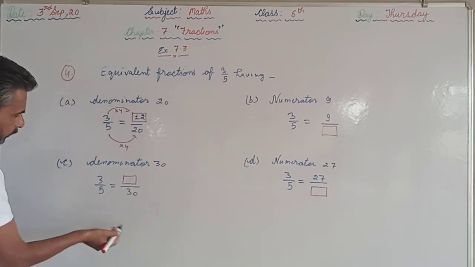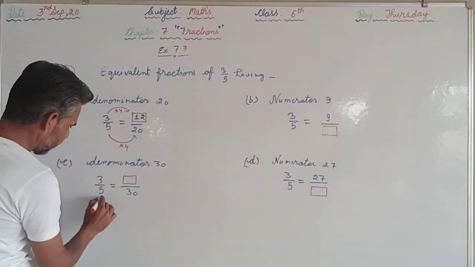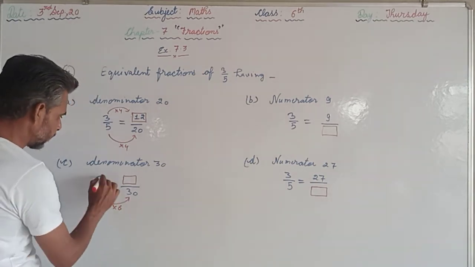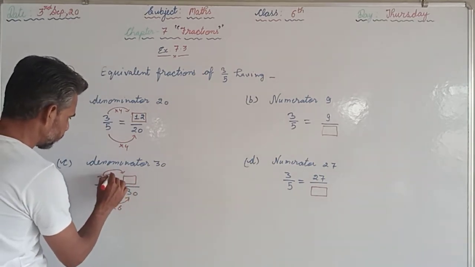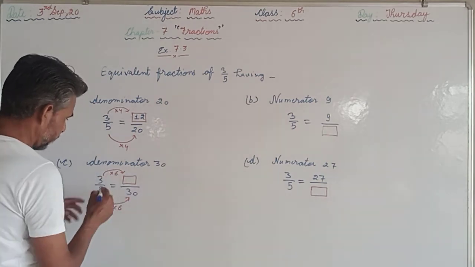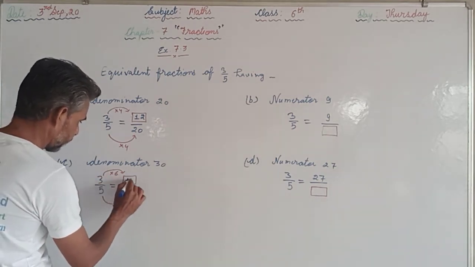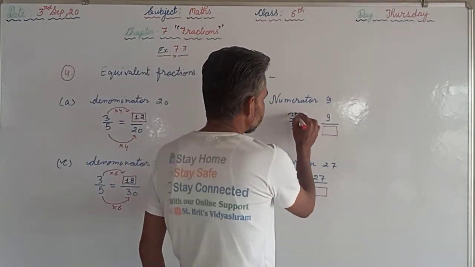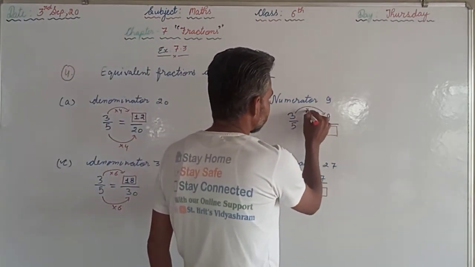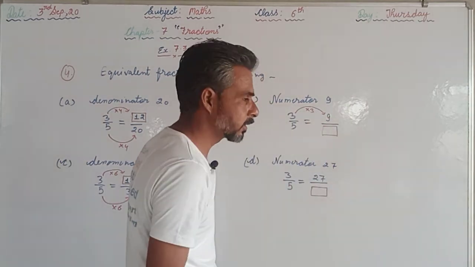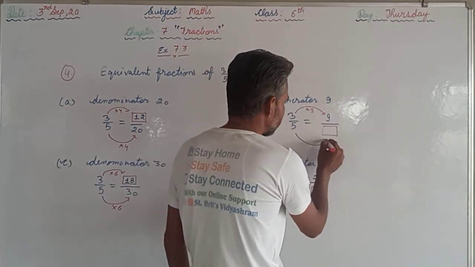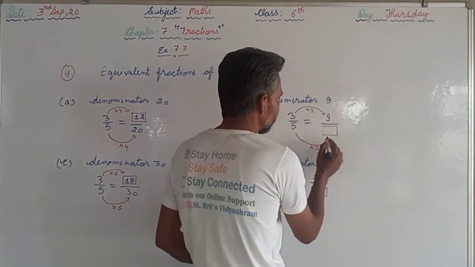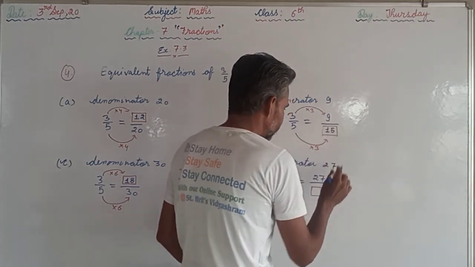Then this C part, 5 has been multiplied by 6, 5 sixes are 30, so 3 also should be multiplied by 6, 6 threes are 18. Here 3 has been multiplied by 3 to get 9, 3 threes are 9, so 5 should also be multiplied by the same number, that is 3, and the answer will be 5 threes are 15.